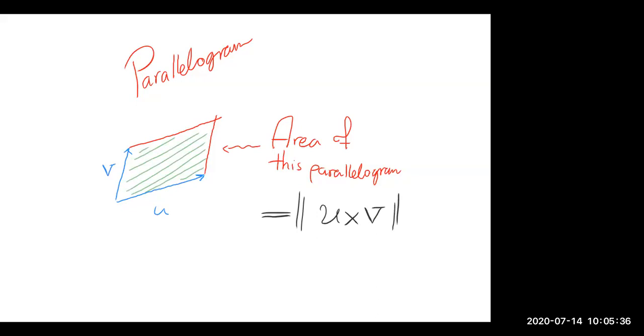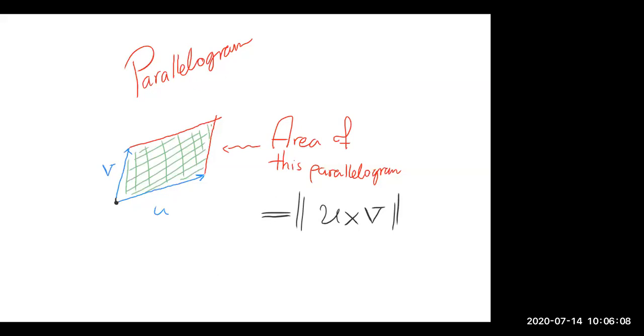So if you have two vectors, u and v, and you construct a parallelogram using them, the area of this shaded green area is equal to the length of the cross product. So the cross product has a lot of interesting properties.